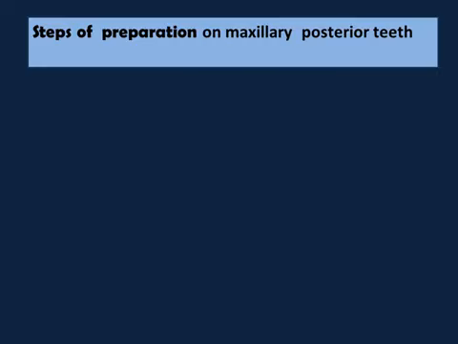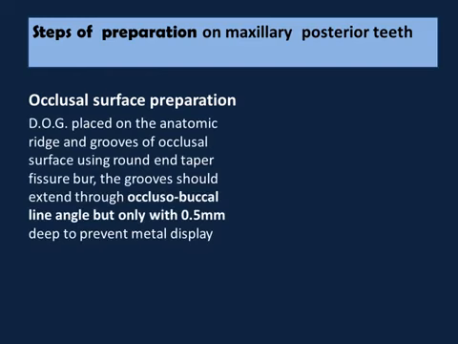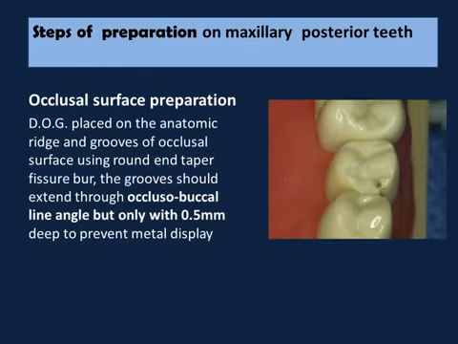The steps of preparation on maxillary posterior teeth will be: first, we start with the occlusal surface preparation. Depth orientation grooves will be placed on the anatomic ridge and grooves of the occlusal surface using a round end taper fissure bur. The grooves should extend through the occlusobuccal line angle, but only 0.5 mm deep to prevent metal display.